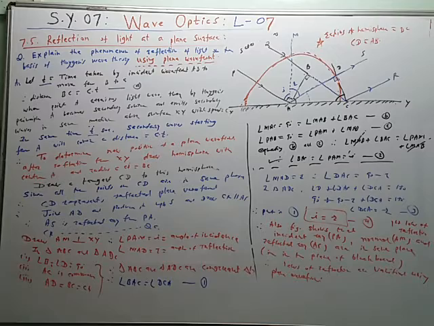Radius and tangent are always perpendicular to each other. So CD is a wavefront, and therefore AD or AS is the wave normal. It is the reflected ray. AD is a reflected ray corresponding to incident ray PA. CR is another reflected ray for QC. PA and QC are parallel to each other because the wavefront is plane. AS and CR are parallel to each other because the wavefront is plane.